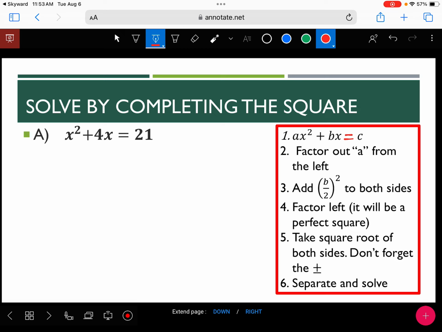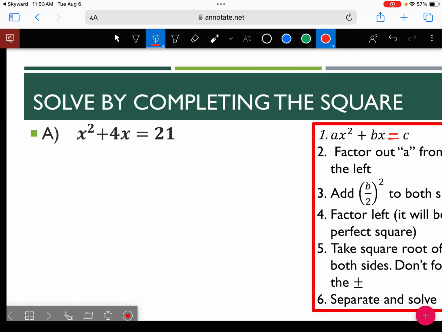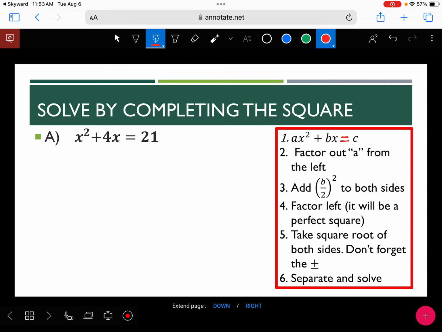So step number 1 is move the C value across the equal sign. Step number 2 is factor out A from the left. So when I'm looking here, what is the A value? 1. So there's nothing to factor out. Step number 3 is to add B over 2 squared to both sides.